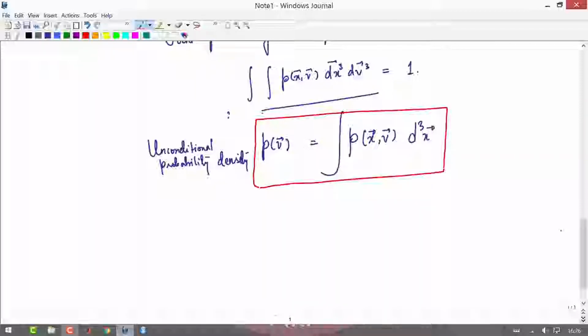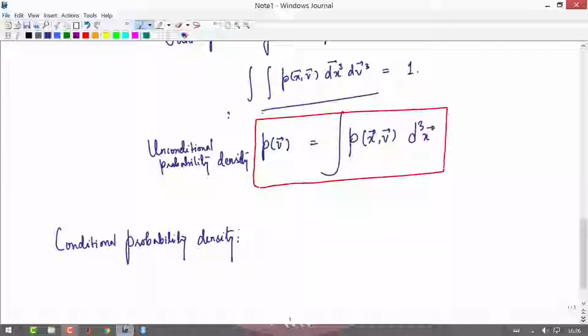But you could also talk about conditional probability densities. Now, this is more interesting. This simply means that if you want to know the probability of finding a gas particle at some location x, provided its velocity is set to some value, or you may want to know the probability density of finding a particle at a location right below the fan, for instance, provided its velocity is something.